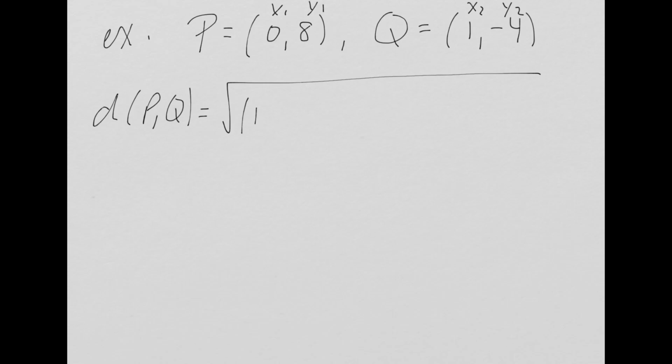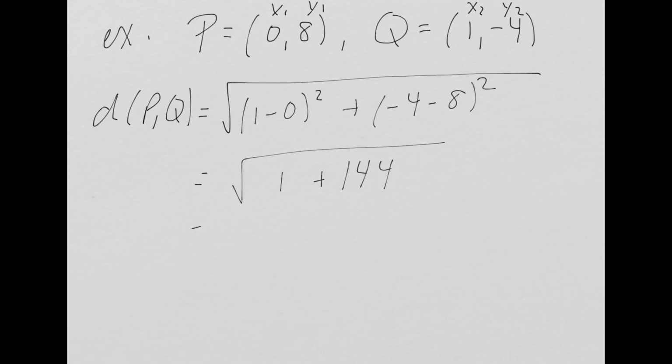So I have x2 minus x1 squared plus y2 minus y1 squared. 1 minus 0 is 1, 1 squared is 1. -4 minus 8 is -12. -12 squared is 144, so I get the square root of 145.